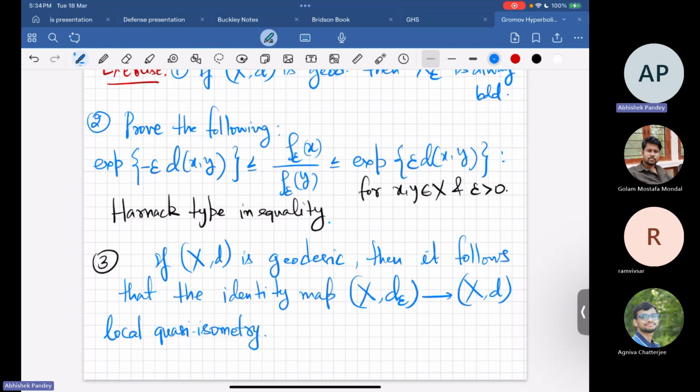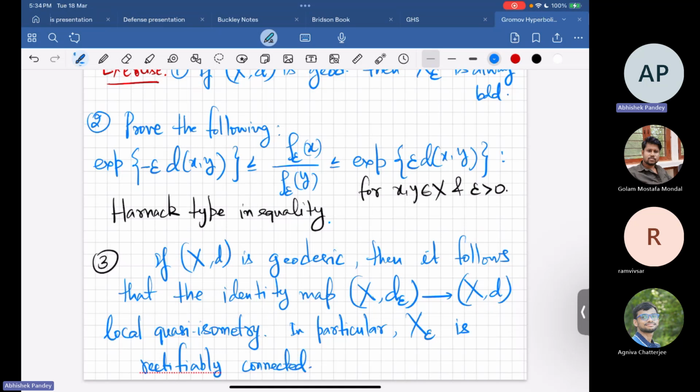Because this is rectifiably connected, in the local version you can take it as a quasi-isometry, so that will be again rectifiable. So in particular X_epsilon is rectifiably connected.